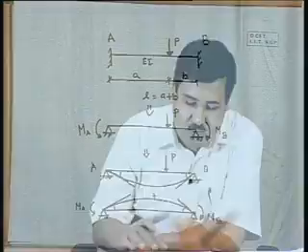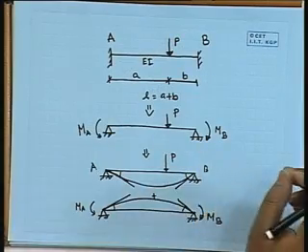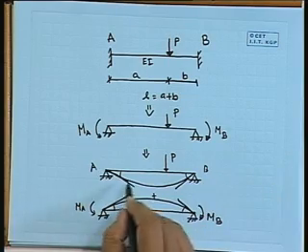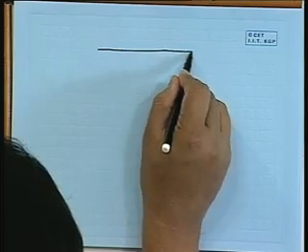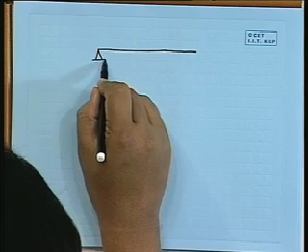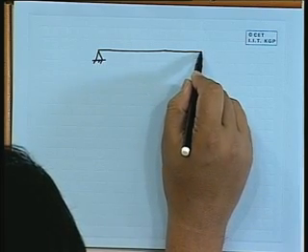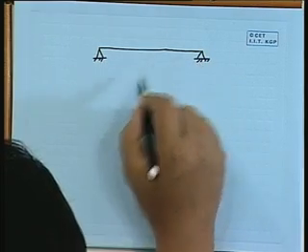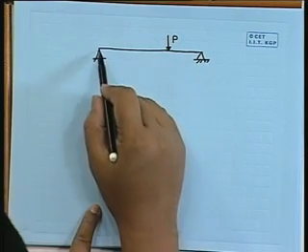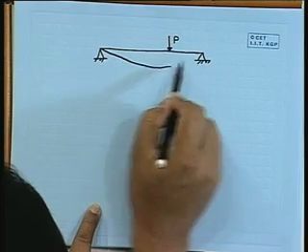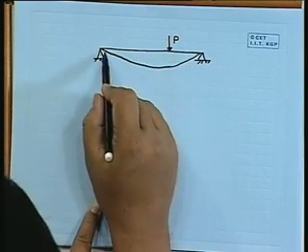Now these two steps, let us find out. So we just draw it here again with some notations. So the first part, and there is a P. Now it will deform like this.